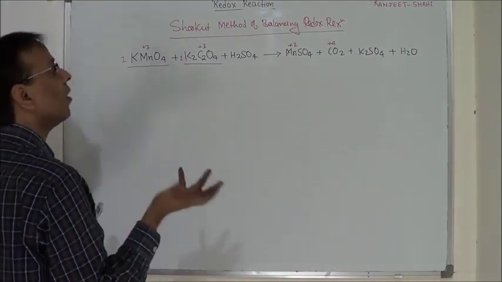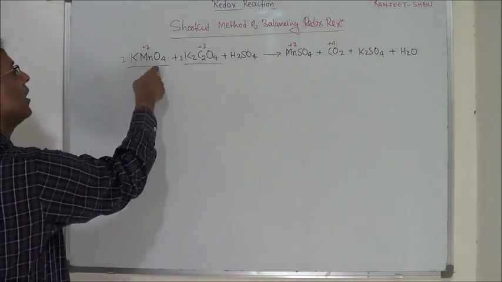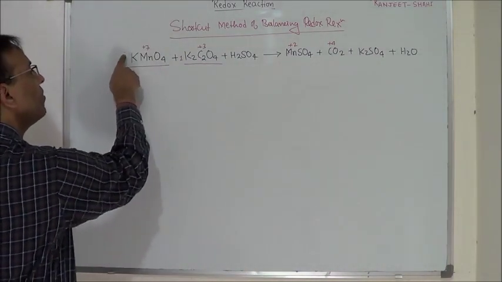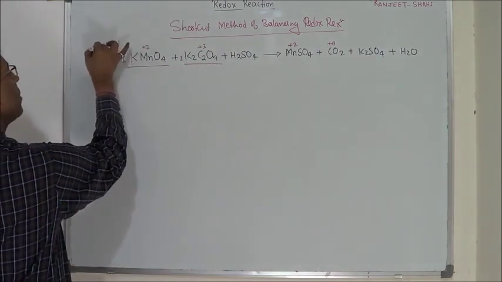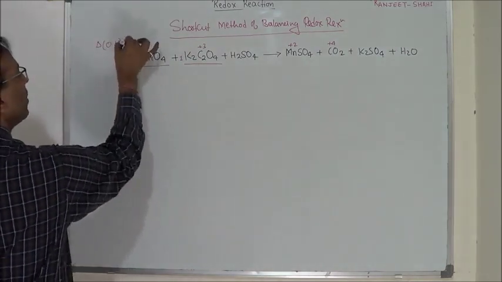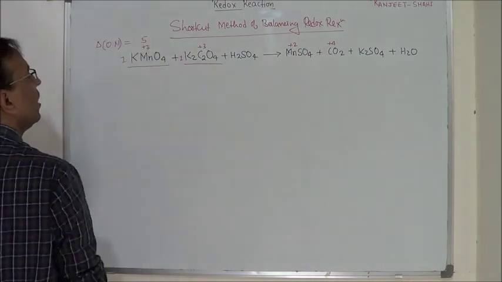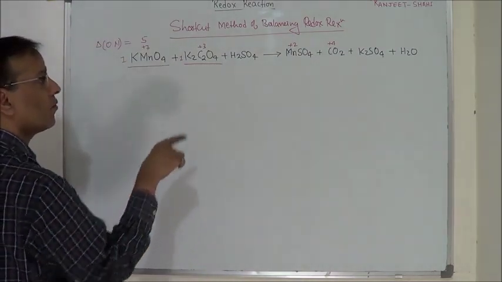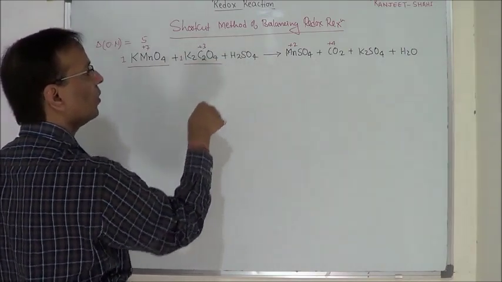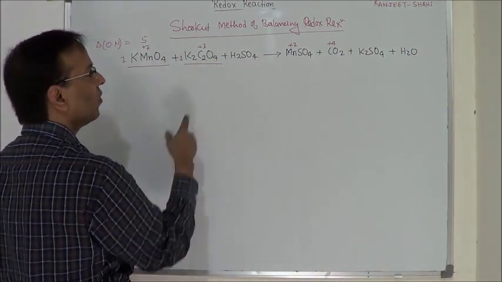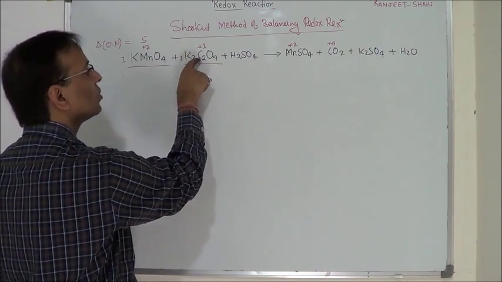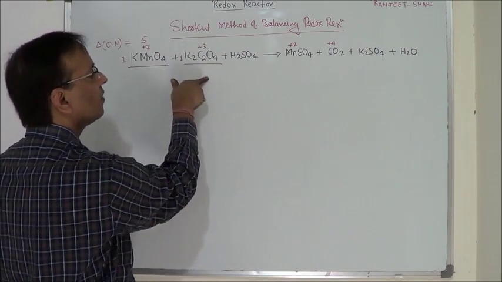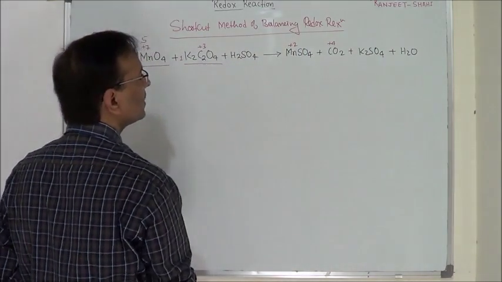So the difference in oxidation number per formula unit is 5 for KMnO4. But it is not 1 for this, 1 for 1 carbon only. For 1 potassium oxalate there are 2 carbons, so 2 carbons give a change of plus 2.